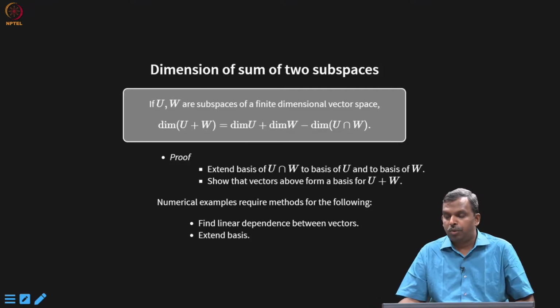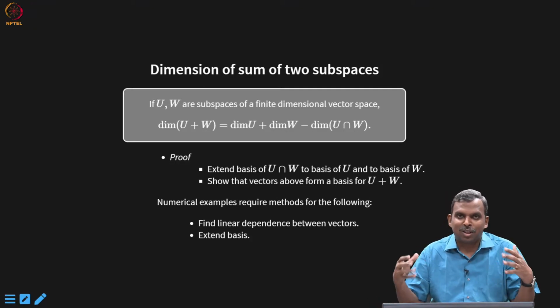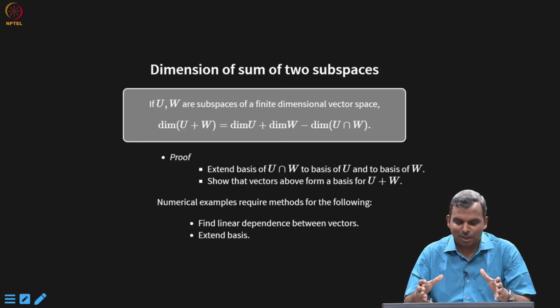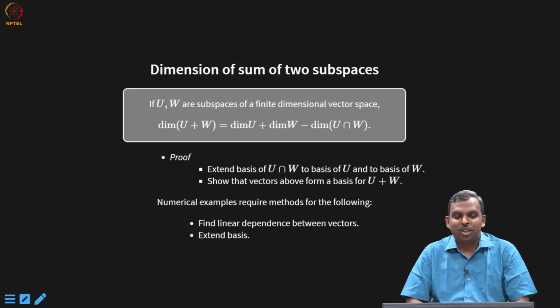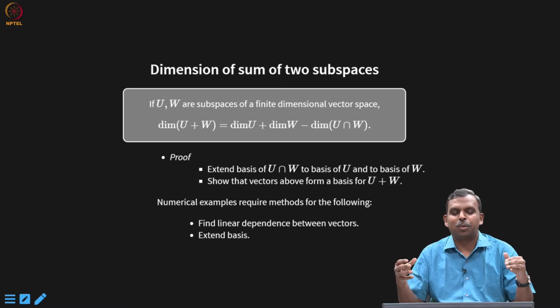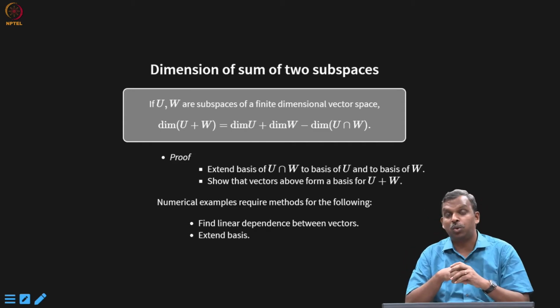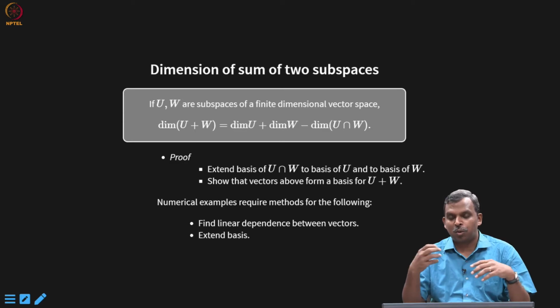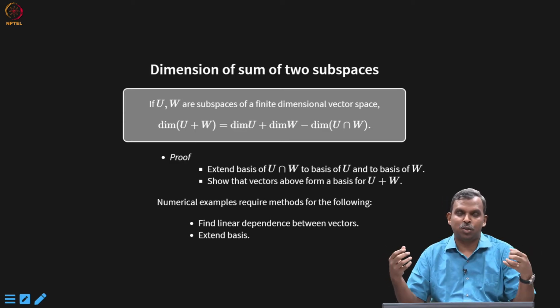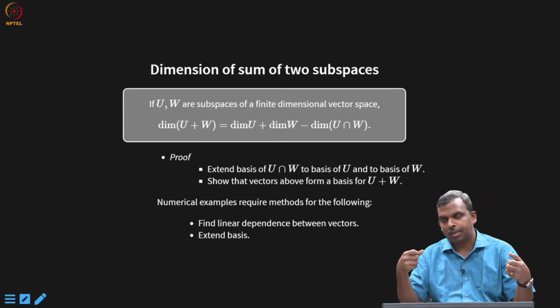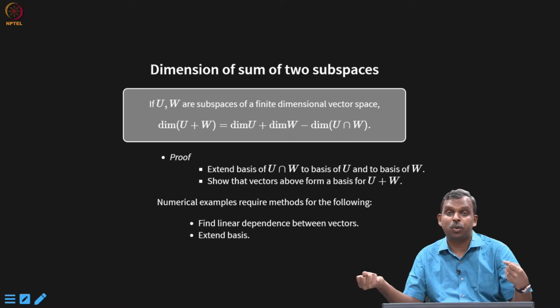Okay. I have been promising this Gaussian elimination a lot, but there is this other wonderful relationship between all these things we have spoken about. We spoke about the sum U plus W, we spoke about the intersection of U and W, right, and then we spoke about the dimension of all these spaces, right. U plus W is a subspace, U is a subspace, W is a subspace, U intersect W is a subspace.